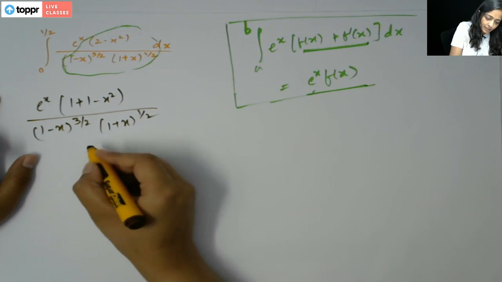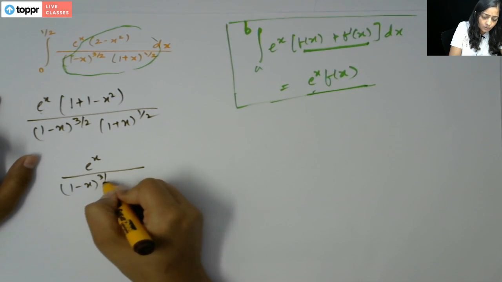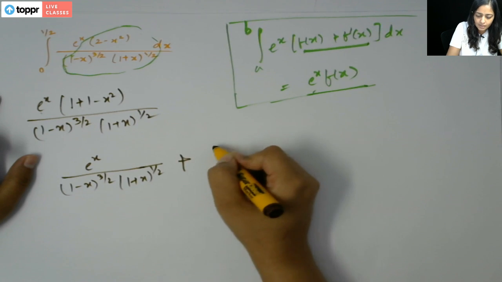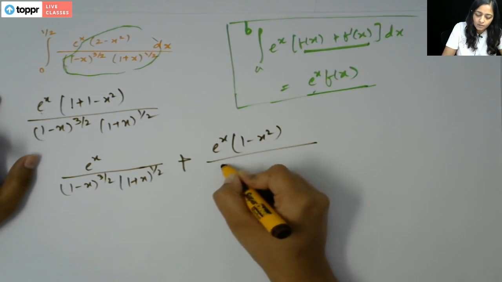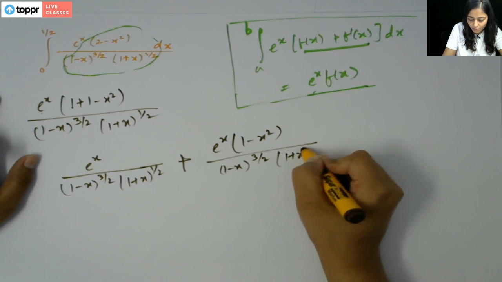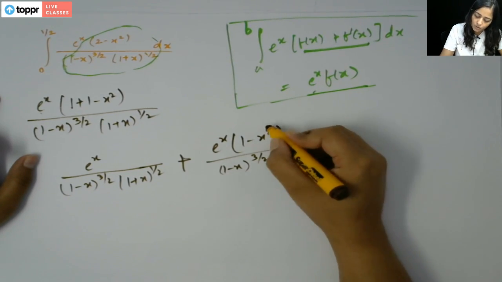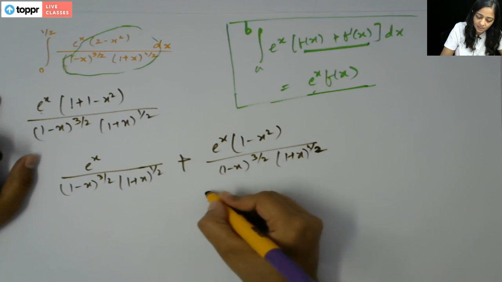Now it can be written as e^x multiplied by (1 - x)^(3/2) (1 + x)^(1/2), plus e^x (1 - x)^2 / ((1 - x)^(3/2) (1 + x)^(1/2)). Now this 1 - x squared can be written as (1 - x)(1 - x).